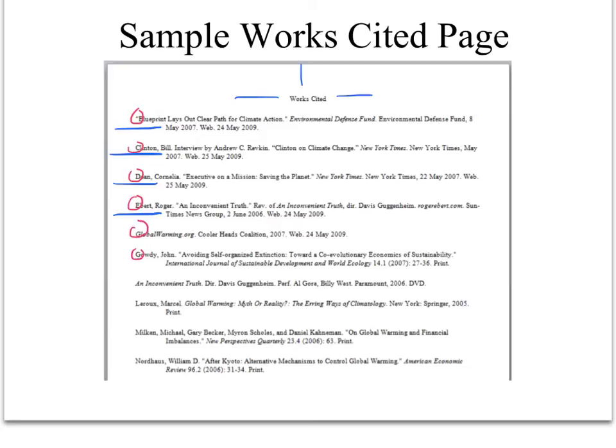Now, when we get to An Inconvenient Truth, the director's name is Guggenheim, so it is where it belongs, but the way you cite movies is a little bit different. You put the title of the movie first to show that it's a movie, and then the name of the person who directed it. We'll talk more about that specifically if you have questions about how to cite unique sources.